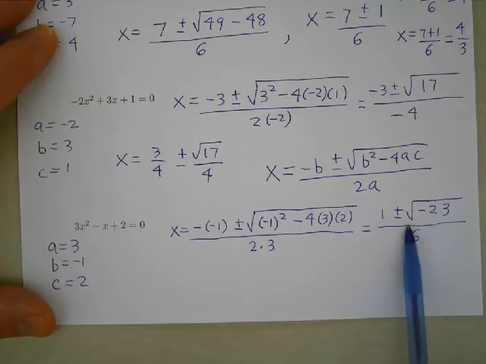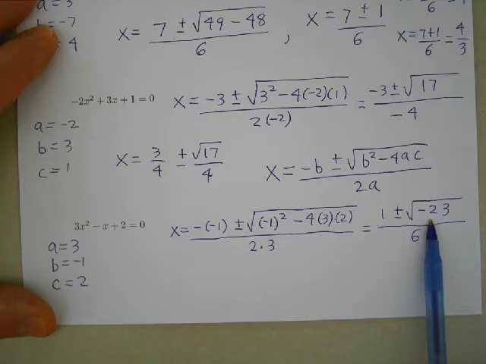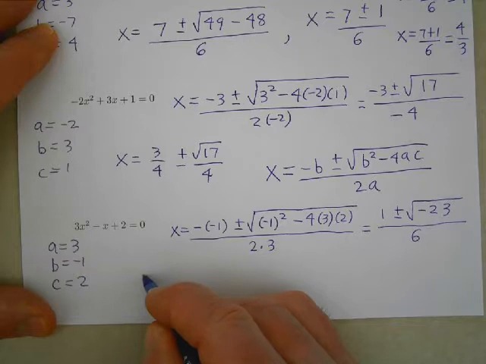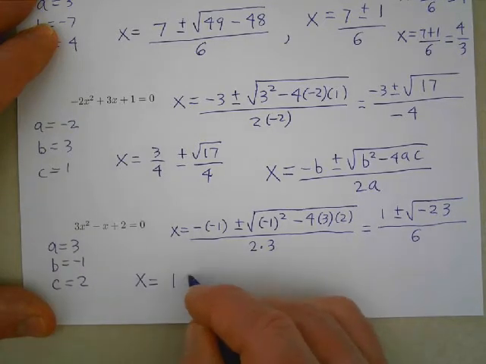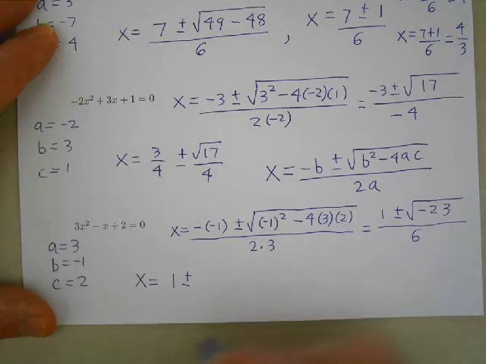Well, we know that the square root of negative 23 is not a real number, but we also know how to simplify square roots of negative numbers. So we'll do that in the next part. x equals 1 plus and minus, remember how to think of the square root of negative 23.